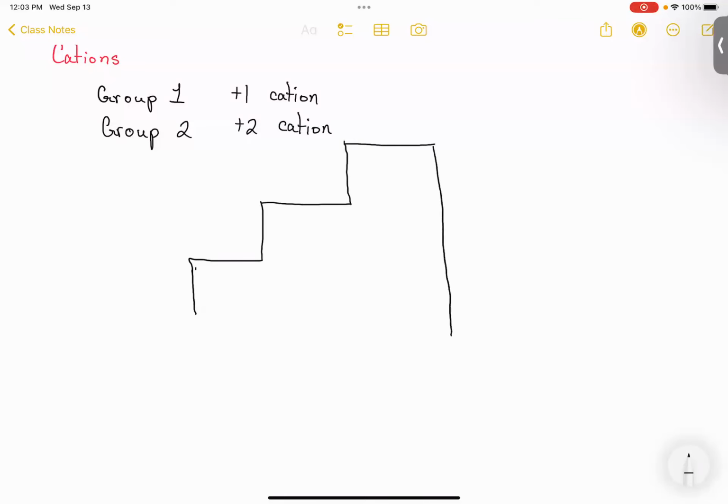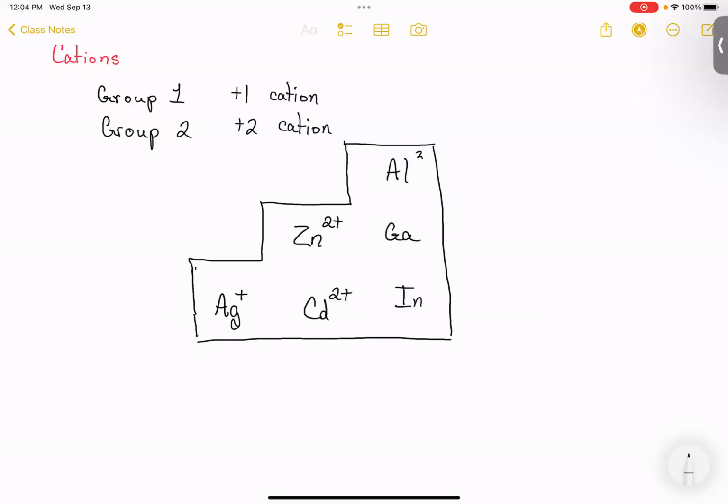That stair step are the other elements whose charge is always the same. So silver, when it is part of an ionic compound, will always form a +1. Zinc and cadmium will always form a +2. And aluminum, gallium, and indium will always form a +3.